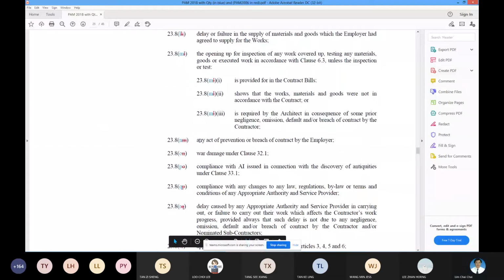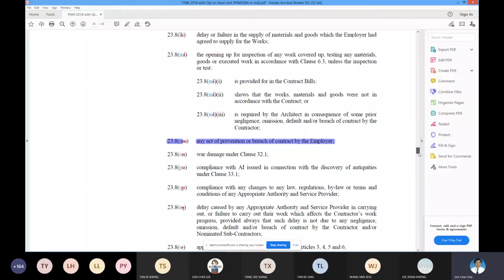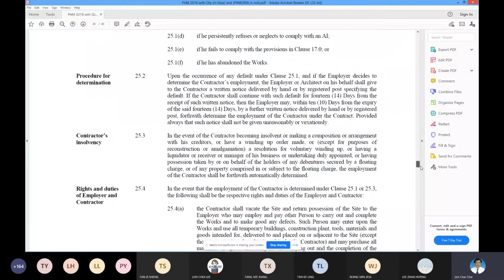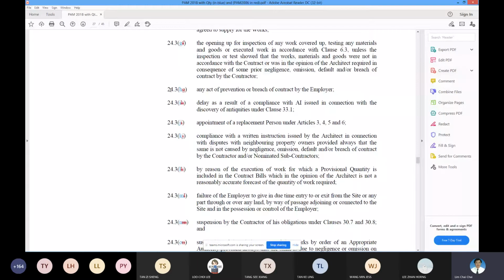You have this 23.8n. Let's say the consultant evaluates extension of time under 23.8n. Do you think the contractor has the right to claim for loss and expense? You look at 24.3 and see whether there is a similar description: act of prevention by the employer.